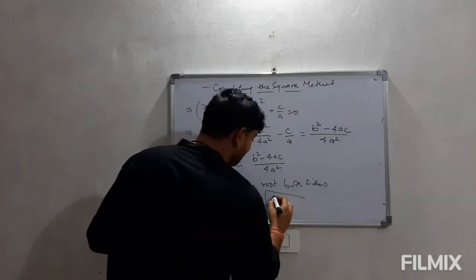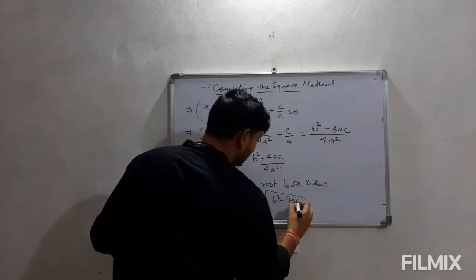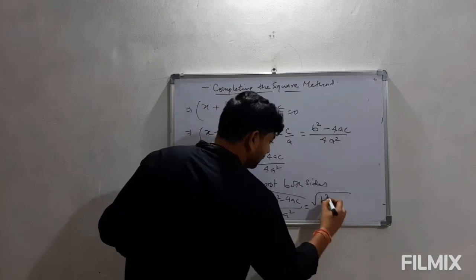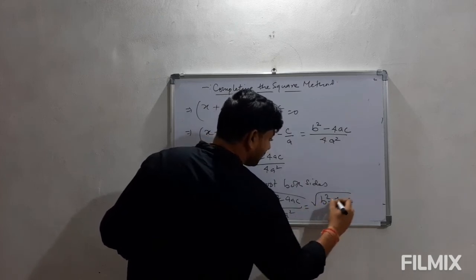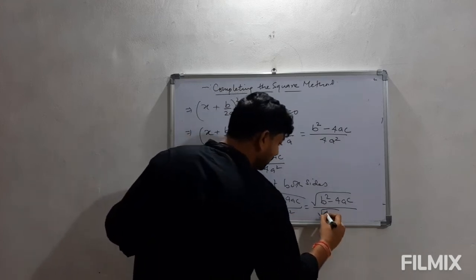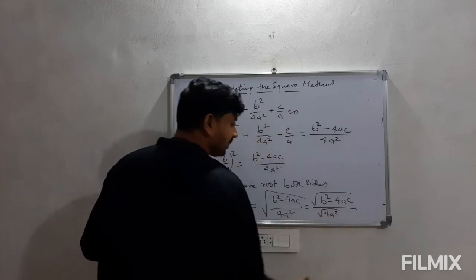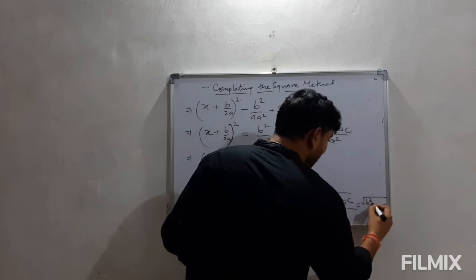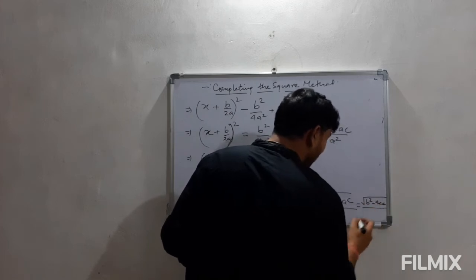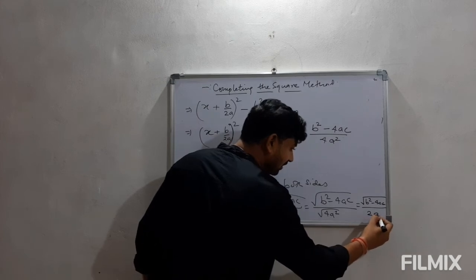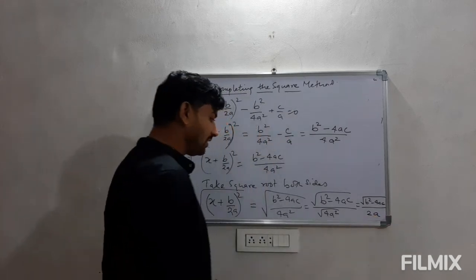And if we look at the RHS, we are getting here b square minus 4ac upon 4a square, which is nothing but, if we separate them, b square minus 4ac under the radical sign, and in denominator we will be getting root 4a square. Now in the denominator we can simplify this as b square minus 4ac upon the square root of 4 is 2 and the square root of this is a.